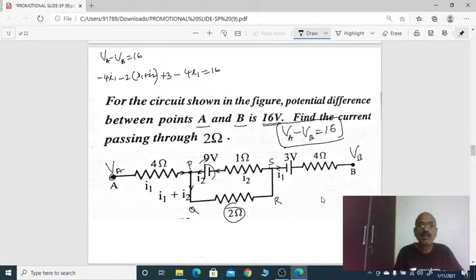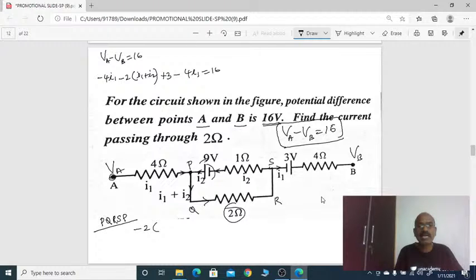Start from here or from here, you start P to Q, Q to R, same direction current is flowing. So, in the closed loop P, Q, R, S, P, start from P, minus 2 into potential, right?